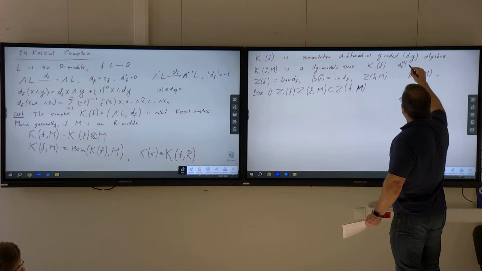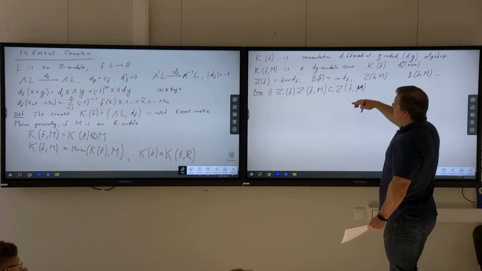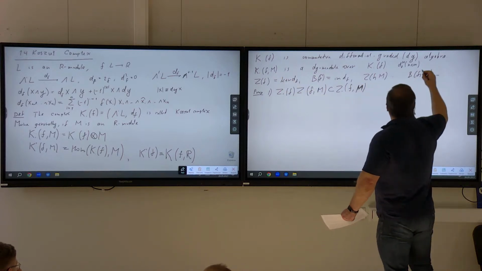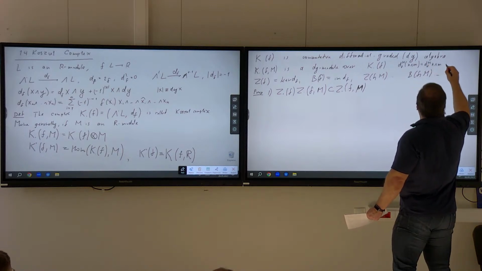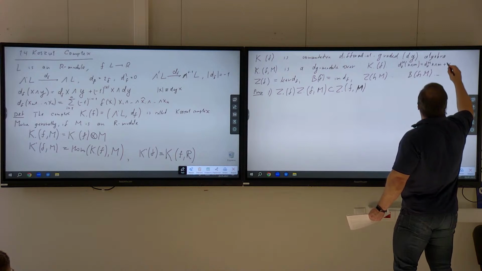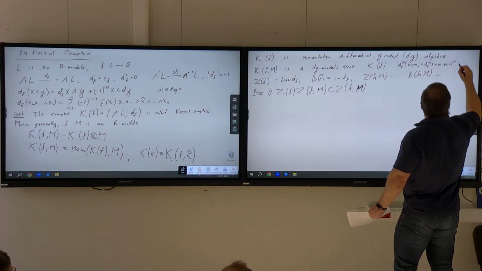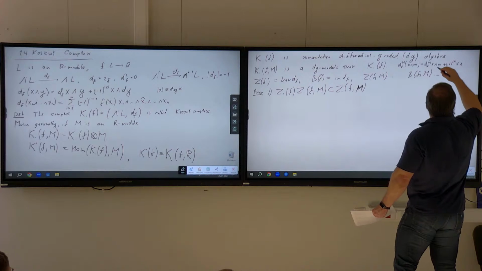If you apply this to the product, say you have some x which is m, where m belongs to this Koszul complex, you have the standard product rule, meaning that we first apply this differential to x, take the product with m, or as before, up to sign, you skip x and apply the differential to m.